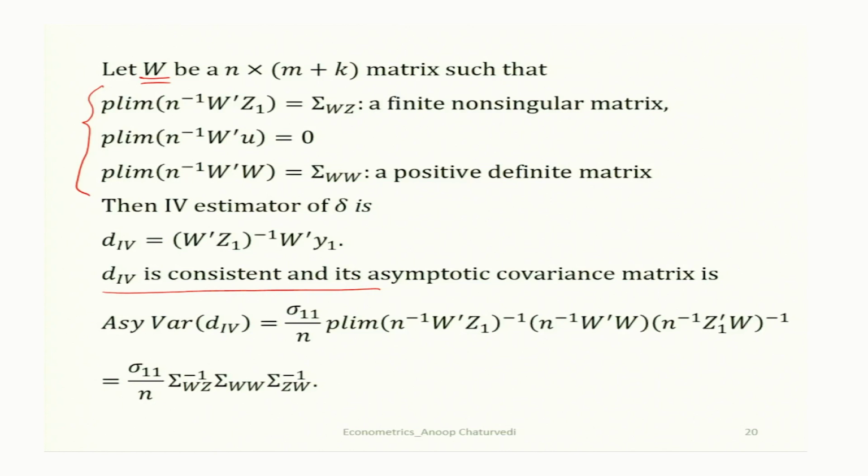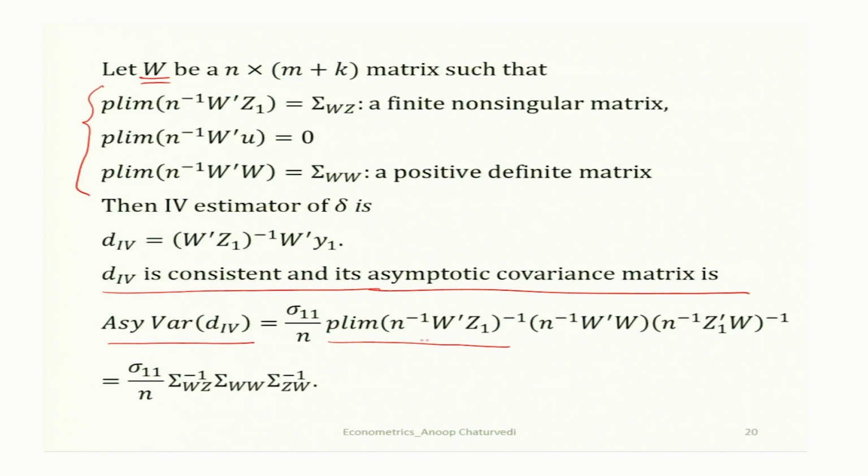Its asymptotic covariance matrix is of the form sigma 11 by n times the probability limit of [(n inverse W transpose Z1) inverse (n inverse W transpose W) (n inverse Z1 transpose W) inverse].